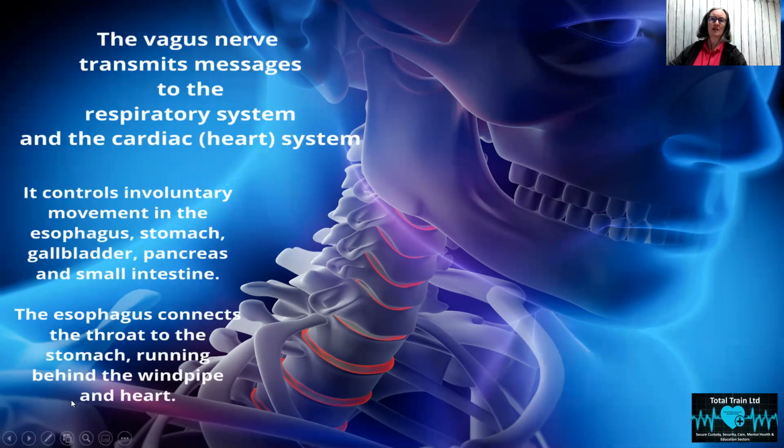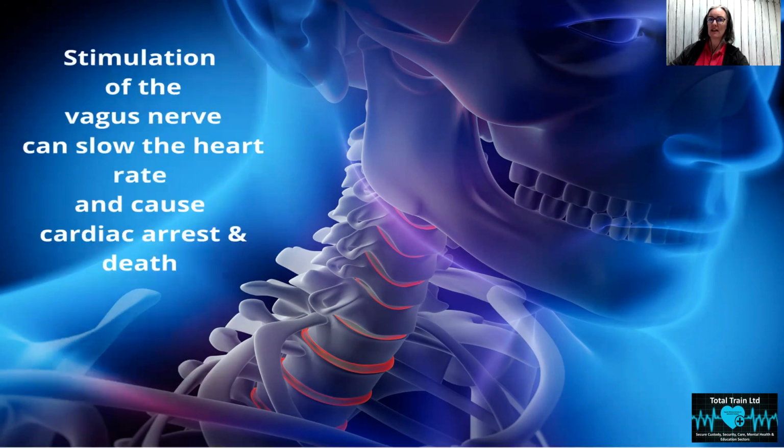Now, the vagus nerve transmits messages to the respiratory system and the cardiac system. So it controls involuntary movement in the esophagus, the stomach, the gallbladder, the pancreas, and the small intestine. The esophagus connects the throat to the stomach, running behind the windpipe and the heart. Stimulation of the vagus nerve can slow the heart rate and cause cardiac arrest and death.